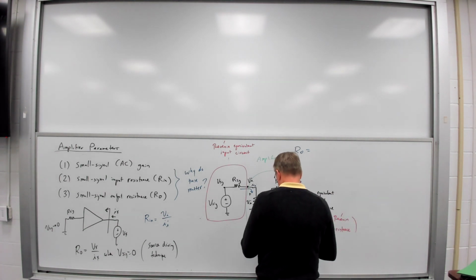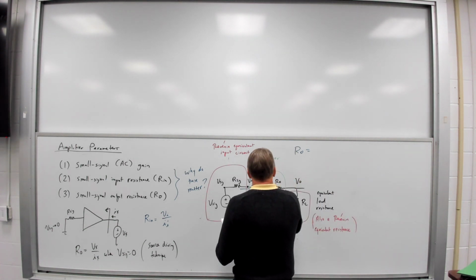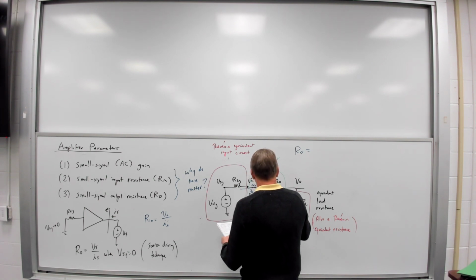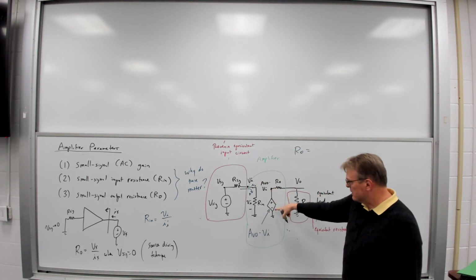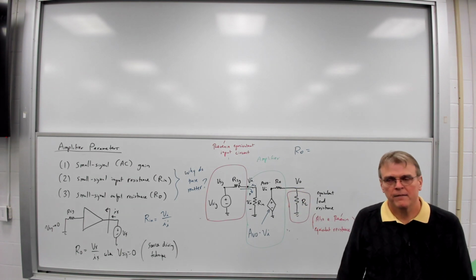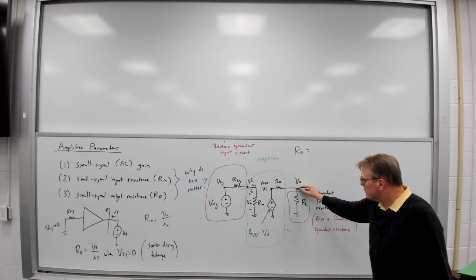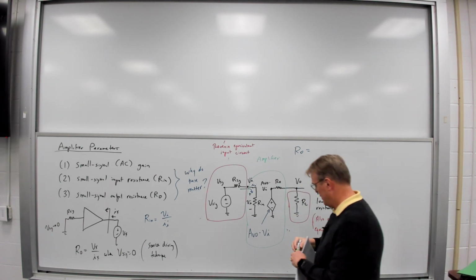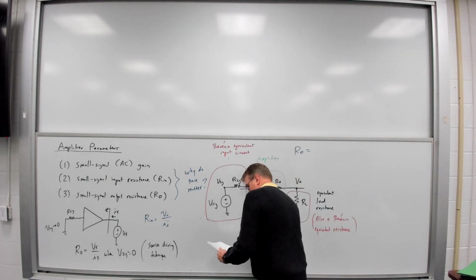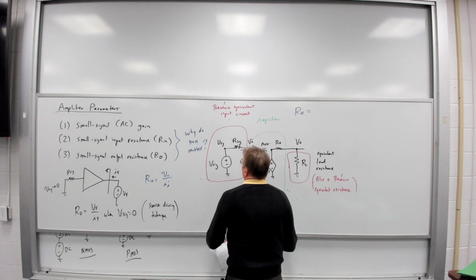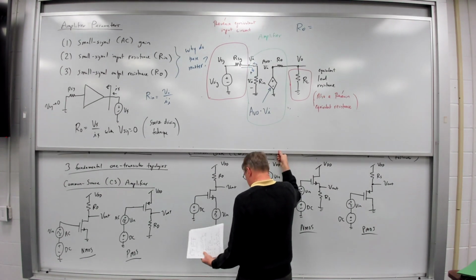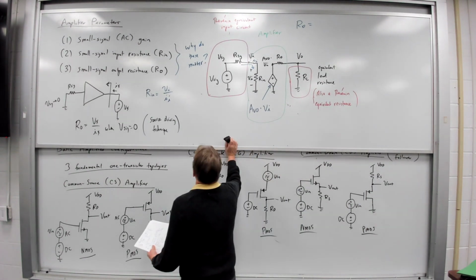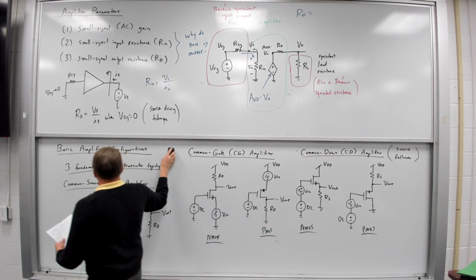Here, this voltage is A_VO times V_i at that node because this voltage source defines that. And then I've got V_O at the output. All right, so given this, let's write a few equations.